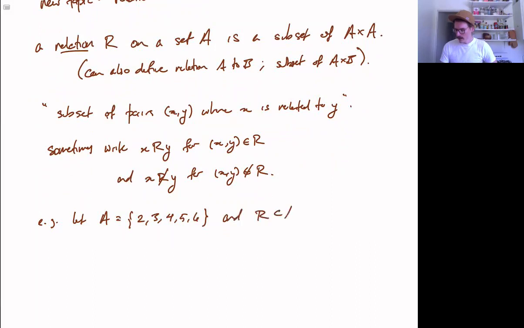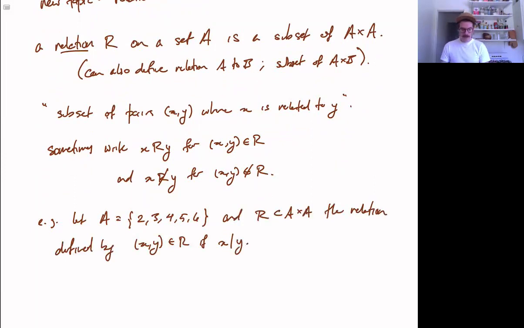And R, a subset of A cross A, the relation defined by (x, y) is in R, which is to say x is related to y, if x divides y. So you can see that there is plenty of abstraction that we're using to make these definitions, but the idea is fairly simple in this example, that we're just thinking about the relationship of one number dividing another.